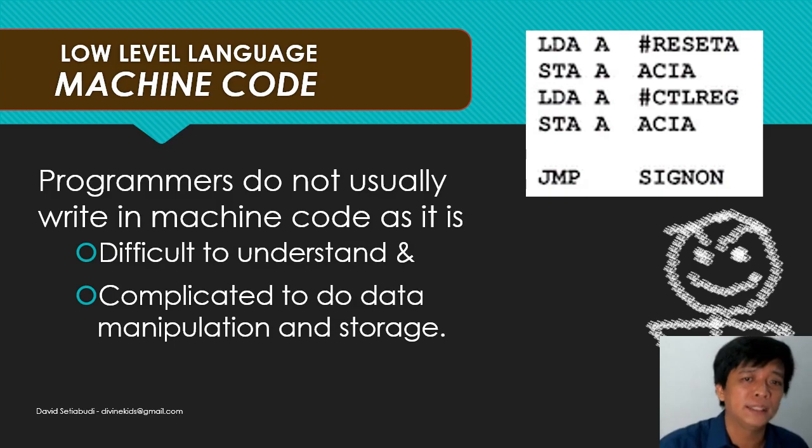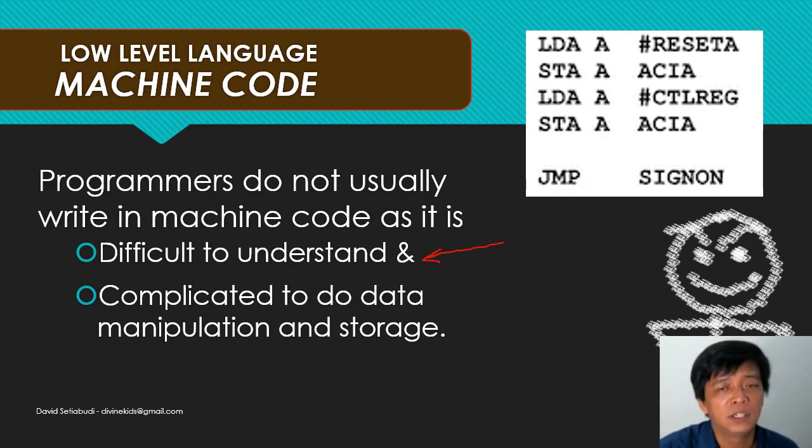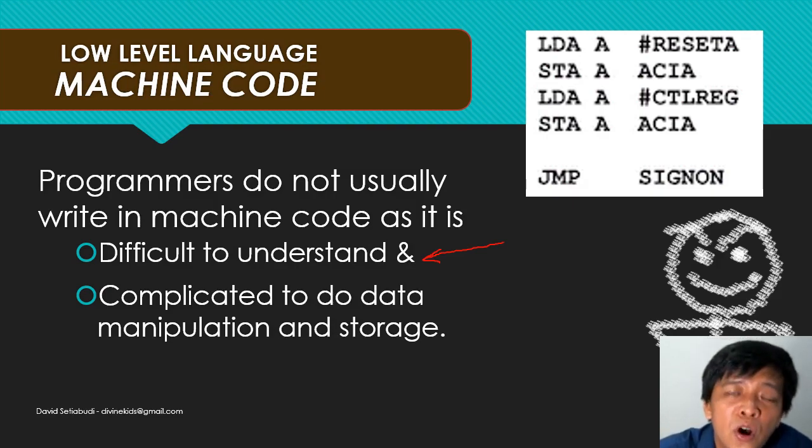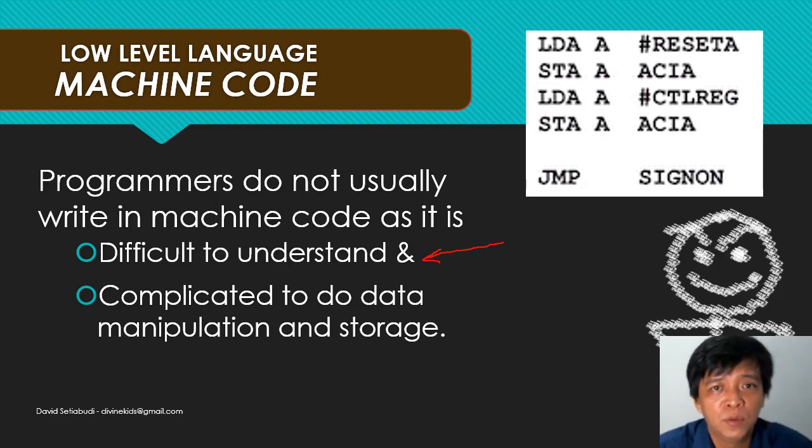The second one is the machine code. Programmers do not usually write in machine code as it is, first, difficult to understand. If I write down 0101011111, can you know what I'm talking about? It's difficult to understand. For the computer, yes, the machine may know, but you don't.